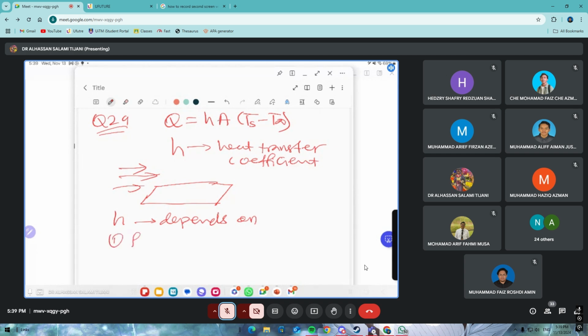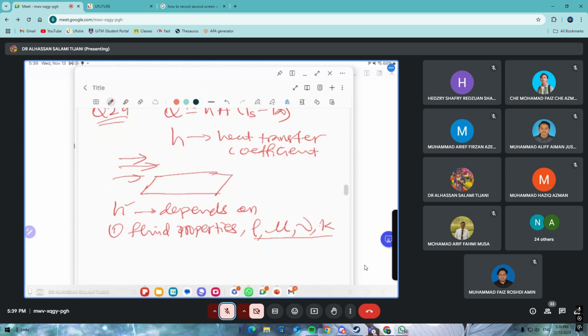one, fluid properties. It depends on the fluid properties, meaning the density, the viscosity of the fluid, either dynamic viscosity or kinematic viscosity, or the thermal conductivity. So when these parameters are changing, then the value of h will also be changing.